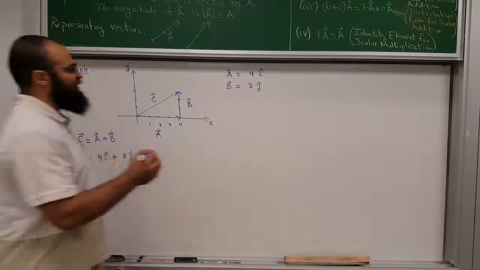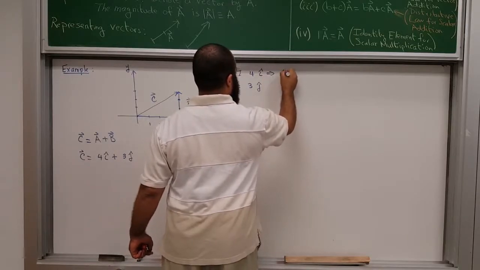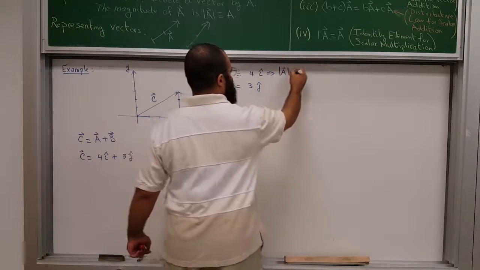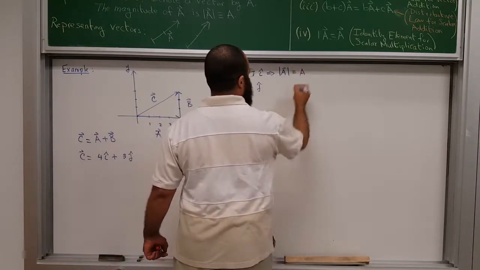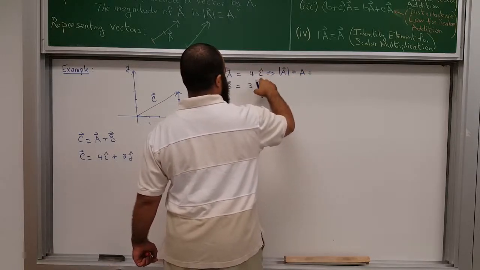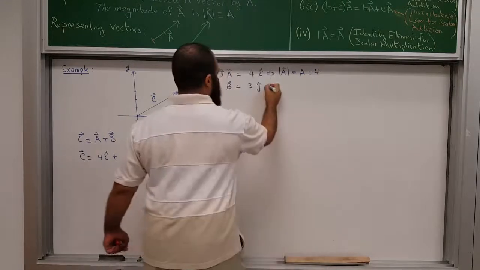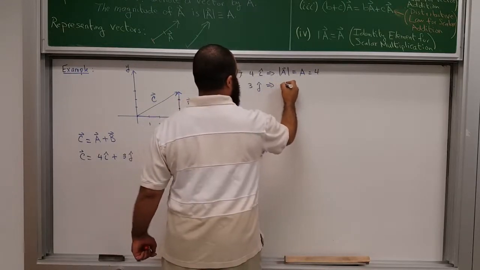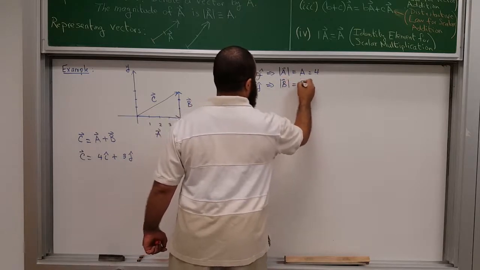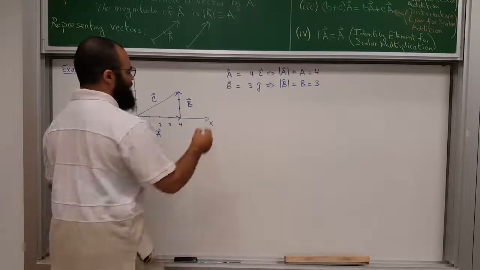If I want the magnitude of vector A, which we symbolize by vector A with absolute value signs, or just A, it's 4 times the size of i hat, but i hat has size 1, so it's just 4. And the size of vector B is B, and it is just 3.